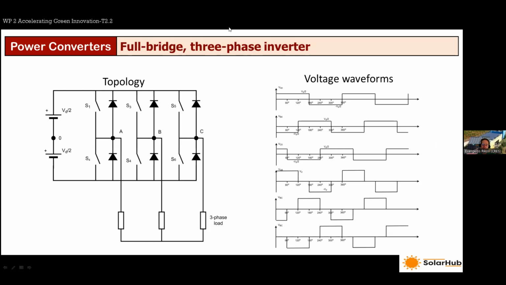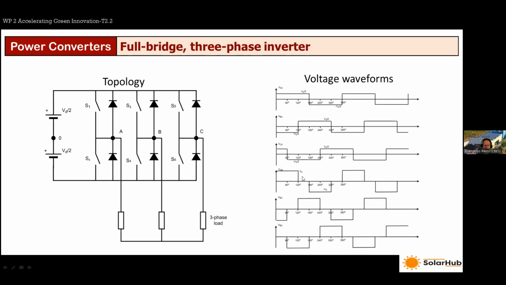In a nutshell, you drive the switches in patterns shifted by 120 degrees over time, and you achieve voltages that are again square wave pulses, but with some gaps. These are slightly better than the previous ones. It still contains a lot of harmonics, but it's closer to the sinusoidal waveform that we want.